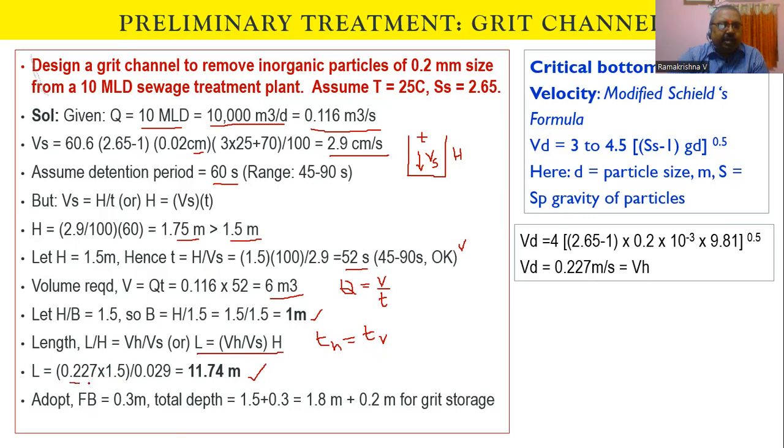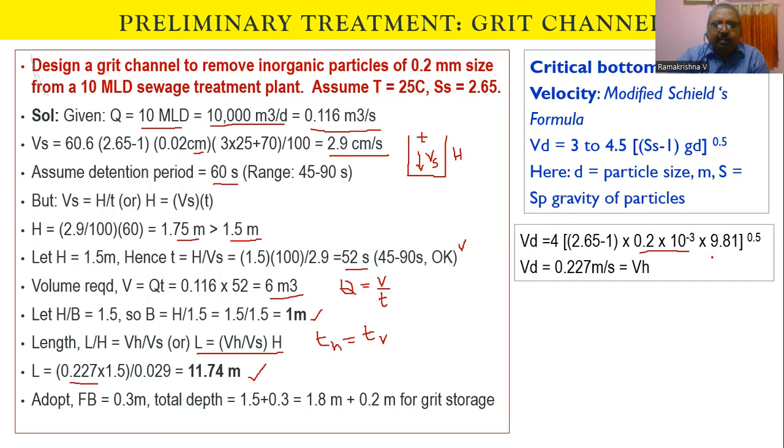Where did you get this Vs value is equal to 0.227? That is the important thing. So for this, we are going with the modified Shields formula. So we are having 3 to 4.5, SS minus 1, g d, whole to the power of half. So diameter is equal to 0.2 mm. So 0.2 into 10 to the power of minus 3, converting into meters.